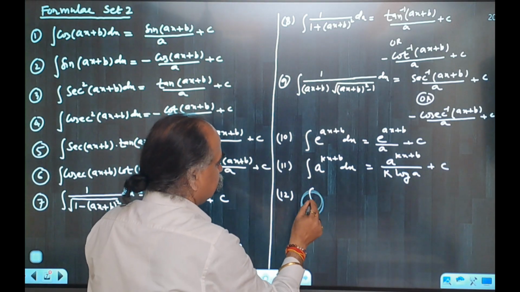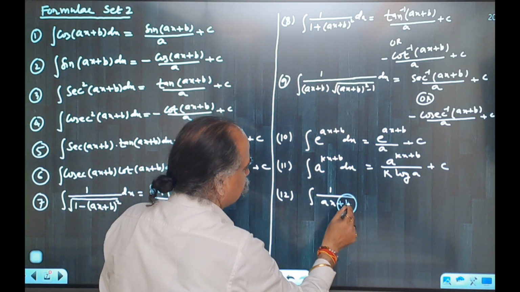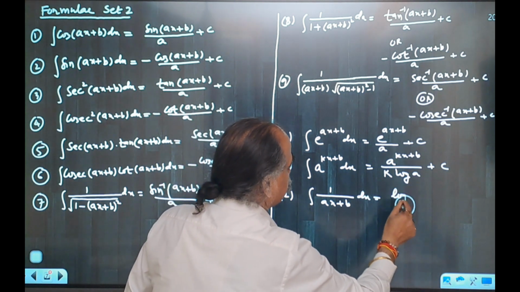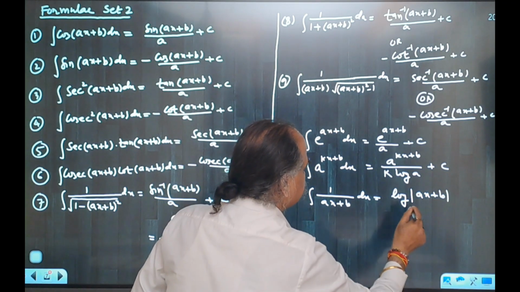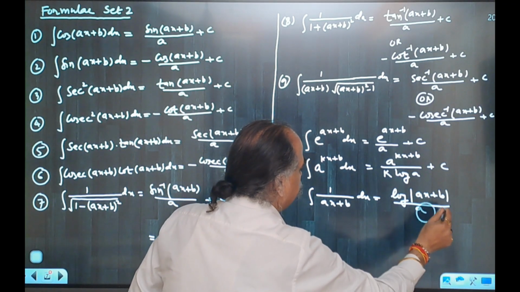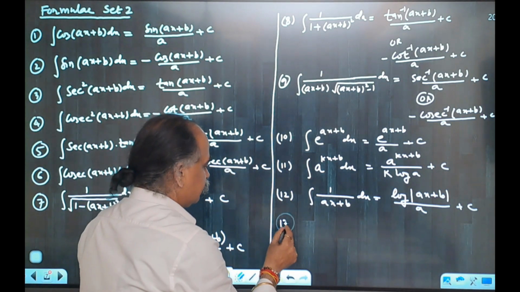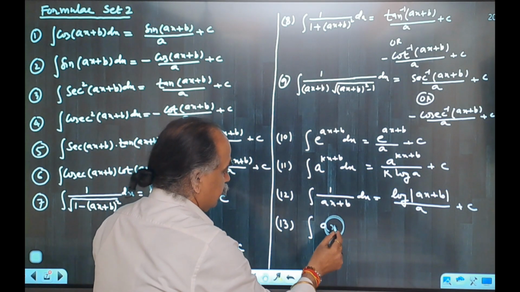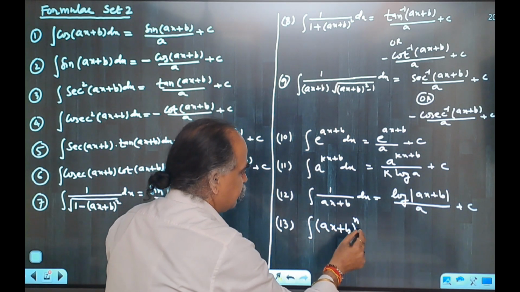12th is integral 1 upon ax plus b, which is log of (ax plus b) upon a plus c. And 13th one is integral (ax plus b) raised to n dx.